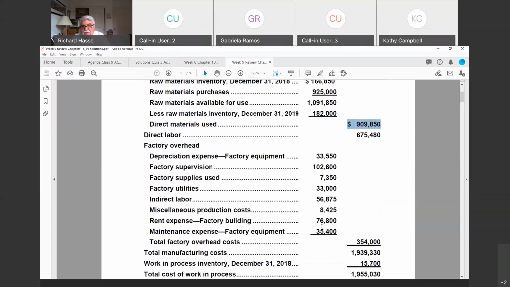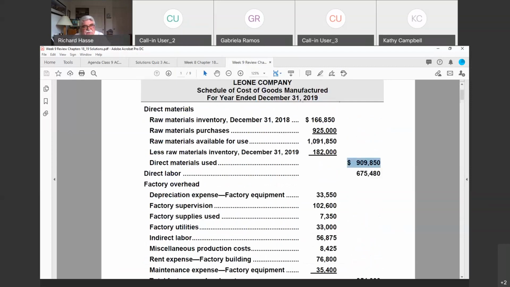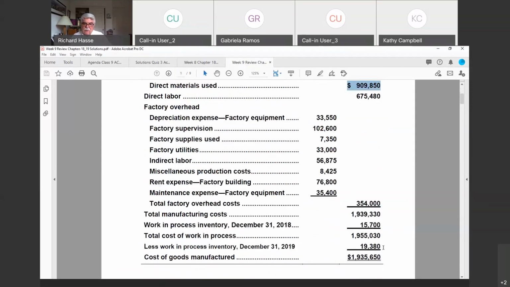We just have to understand if somebody says, hey, what is cost of goods manufactured? Oh, Mr. Hassey, that's easy. It's materials, labor, and overhead in conjunction with the inventories in materials and the inventories in work in process. Take all that into account, we can determine our cost of goods manufactured.